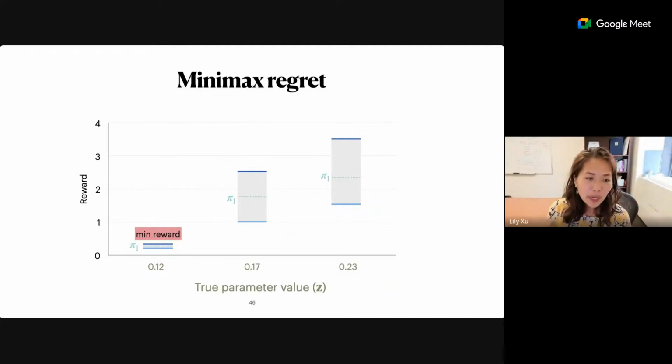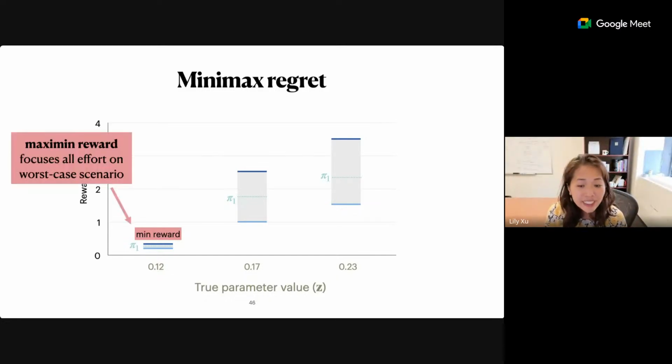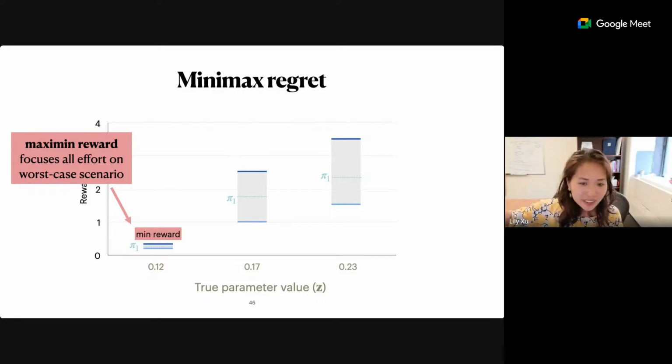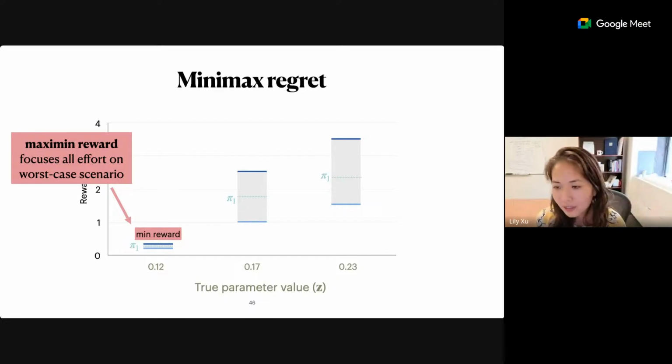So we would think about how can we do better in this context. But what we see is that the ceiling is really low. We can only do a small increment amount better. So maximizing the minimum reward, or maximin, is overly conservative, and we'll focus all of our effort on this worst case scenario, ignoring the other scenarios because the reward is relatively higher there.